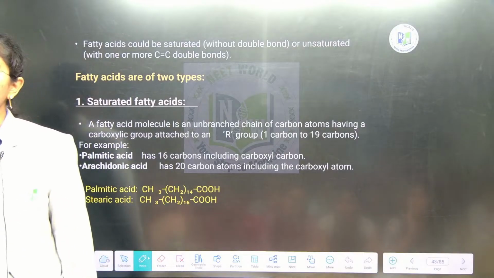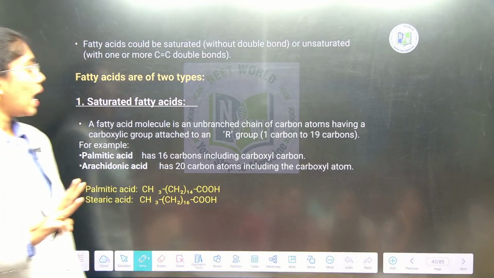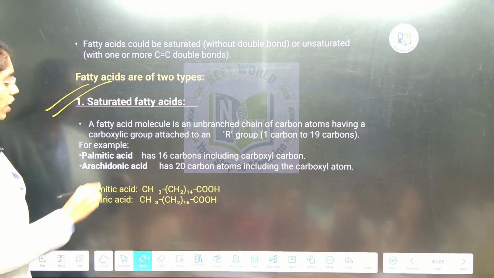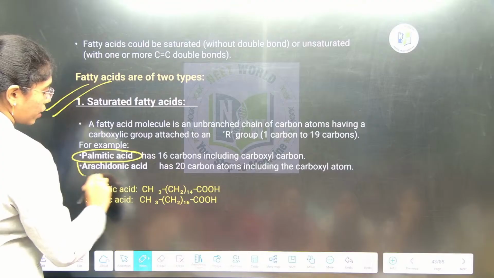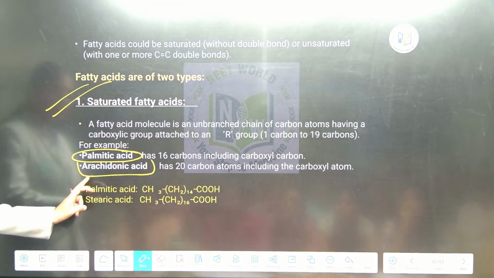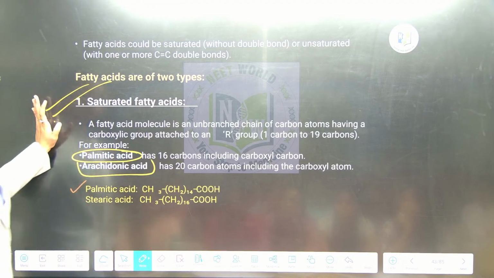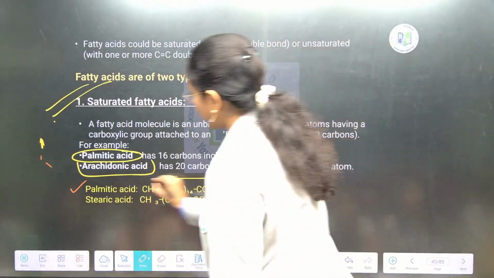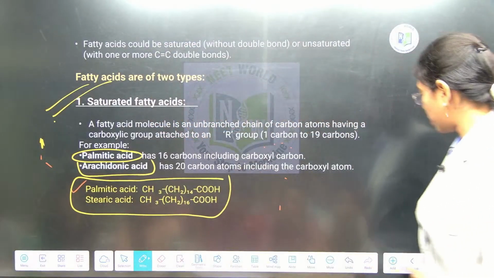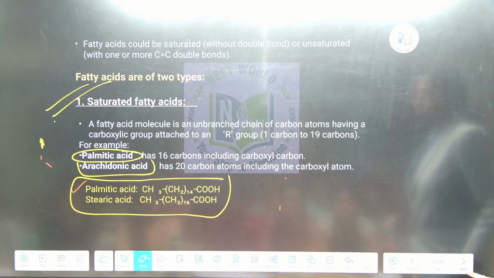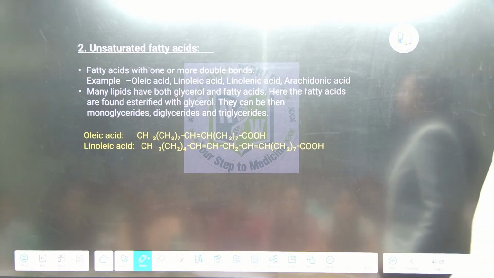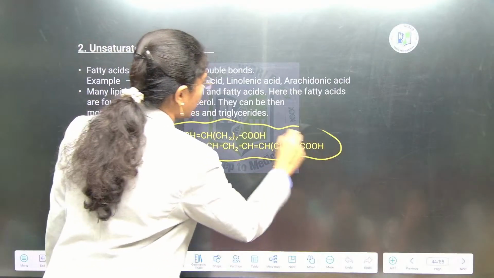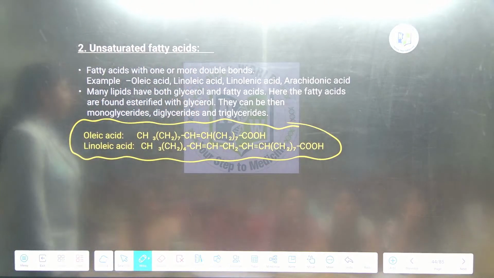If 2 bonds or 3 bonds are present, you call it unsaturated. For saturated, the common examples given in your NCERT are palmitic acid and stearic acid. Unsaturated fatty acids are oleic acid, linoleic acid and linolenic acid.